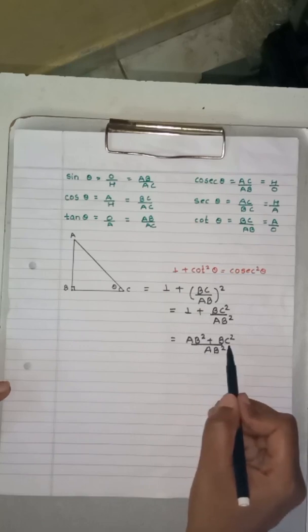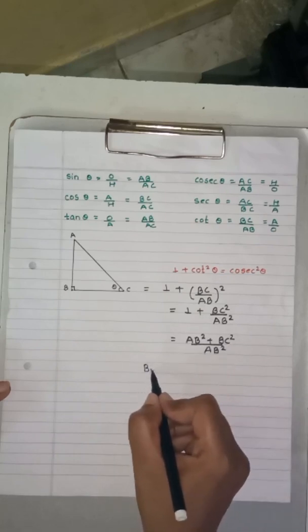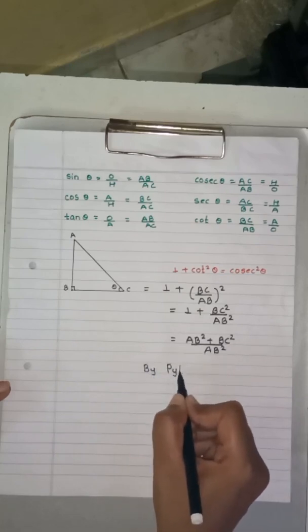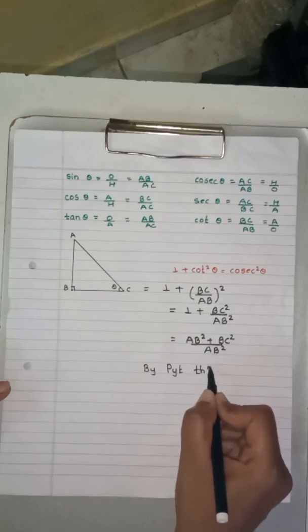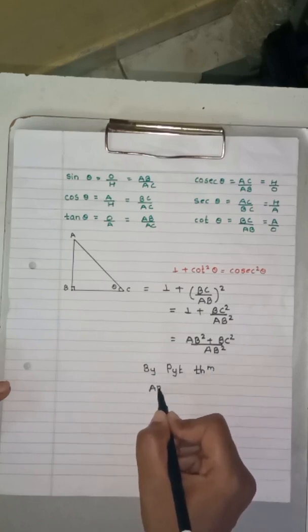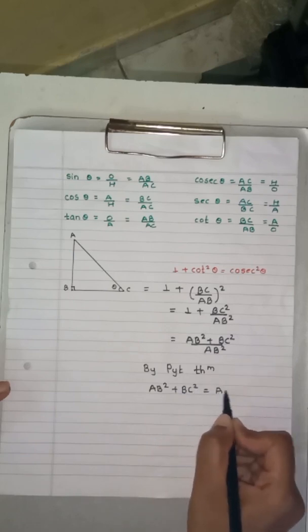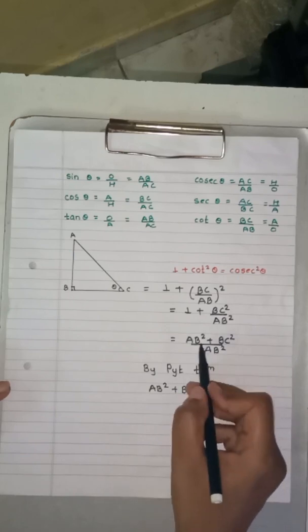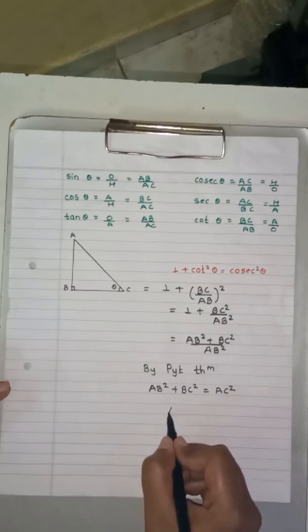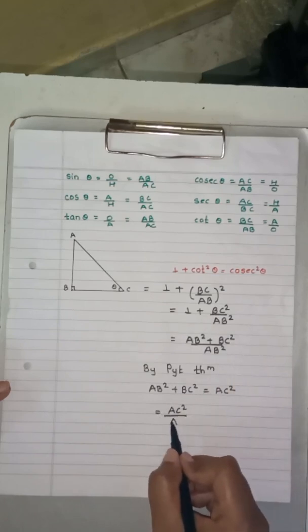Now AB square plus BC square by Pythagoras theorem, AB square plus BC square is equal to AC square. Therefore AB square plus BC square can be written as AC square upon AB square.